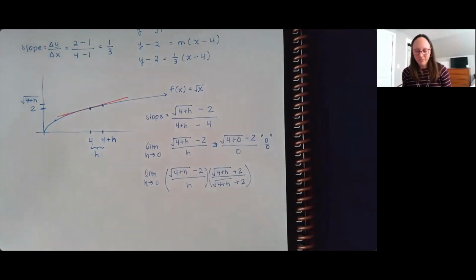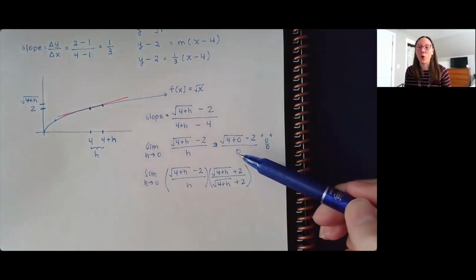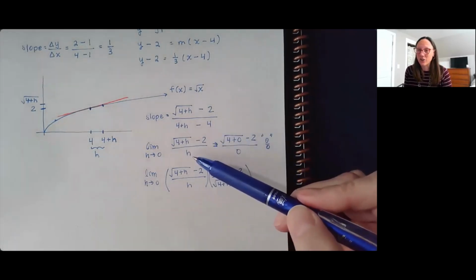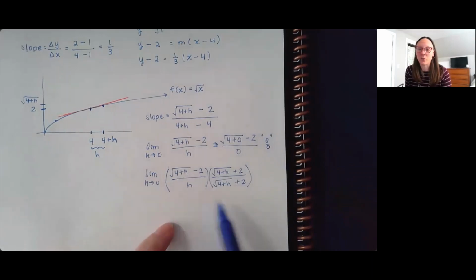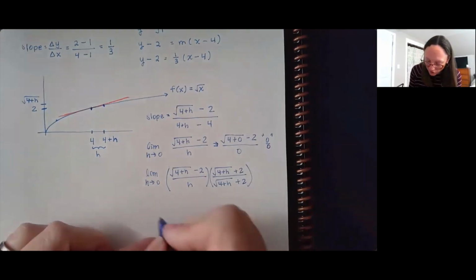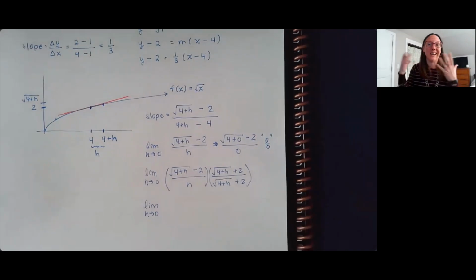Our whole objective is to get rid of that 0 on the bottom, which means my hope is that we're going to be able to get rid of that h. In order to do that, I do not want to distribute the bottom out, because if I do, it's going to be counterproductive to me trying to solve for h. But I do want to distribute the top out. And that's where I'm hoping an h is magically going to appear for us.